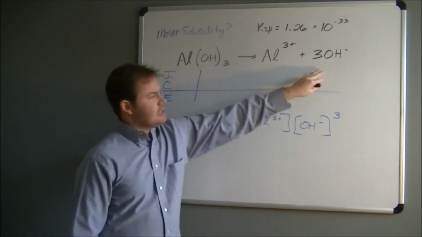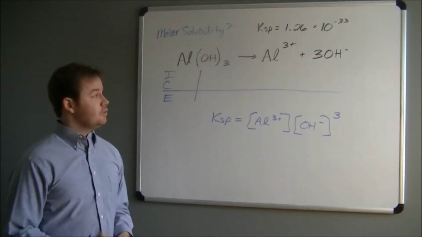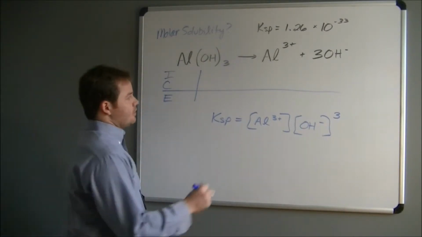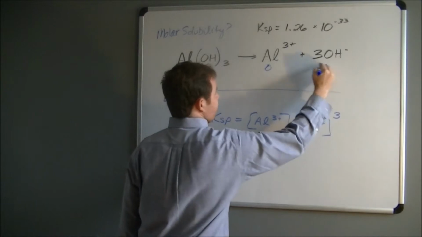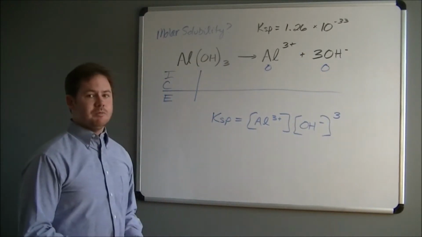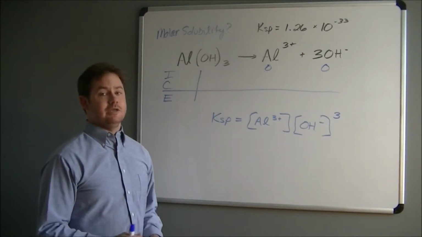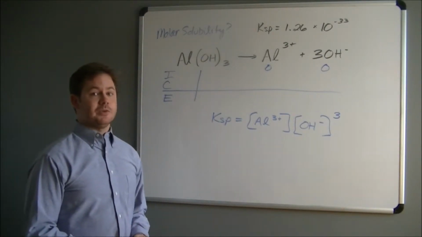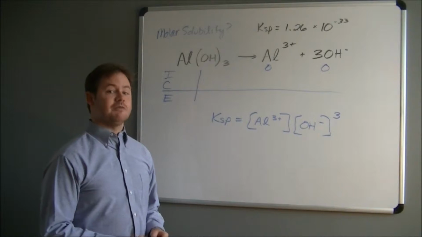So we only really are concerned with the values that we'll have for aluminum or for the hydroxide ion by themselves. So initially, for this particular problem, we don't have any aluminum or hydroxide already present in the solution. In certain cases you will, and that's referred to as common ion effect, which is covered in some of our later videos.